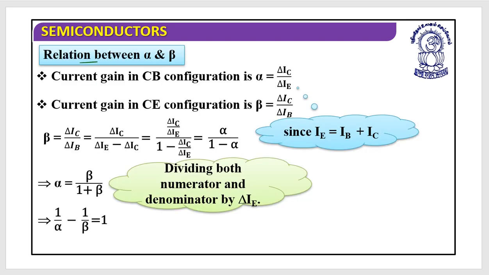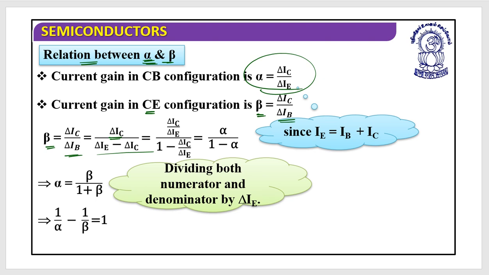Now let's derive one very important term. It is the relation between alpha and beta. As you remember, alpha is the current gain in CB, the common base configuration, and alpha equals delta IC by delta IE. The current gain in CE, the common emitter configuration, is beta, which equals delta IC by delta IB. So beta is delta IC divided by delta IE minus delta IC.